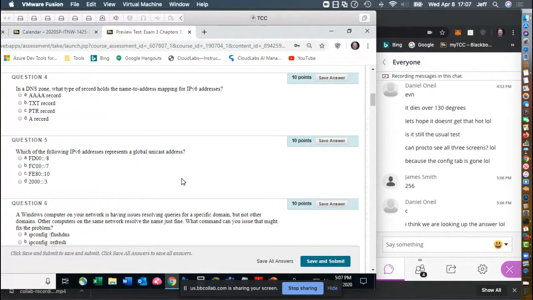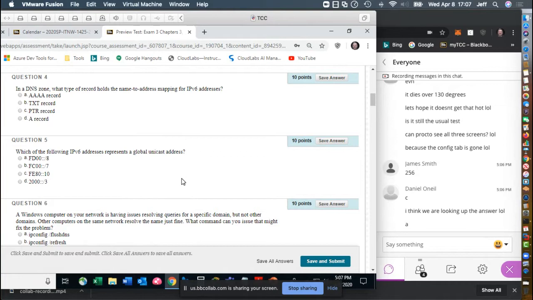All right, in a DNS zone, what type of record holds the name to address mapping for IPv6 addresses? A, right, the AAAA record, right?